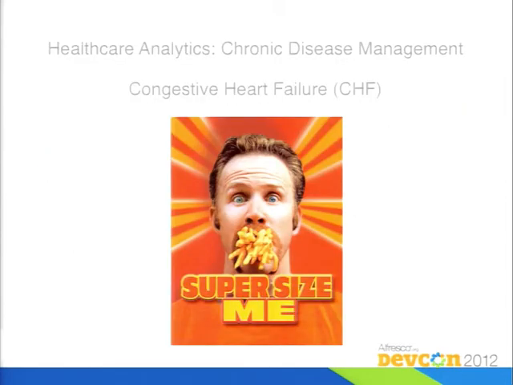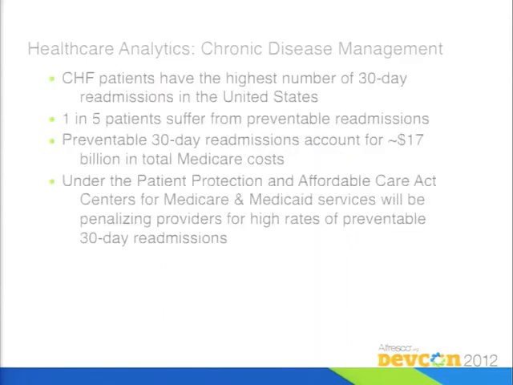Also, we have healthcare analytics, chronic disease management, and in particular, congestive heart failure. Chronic disease management and CHF in particular account for the highest number of readmissions in the United States. 1 in 5 patients suffer from preventable readmissions, and those readmissions account for $17 billion in total medical care costs.